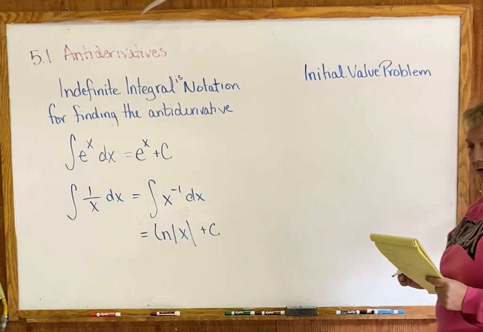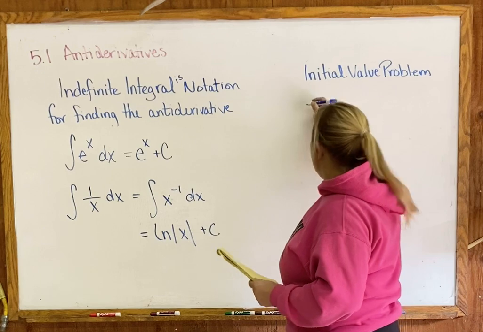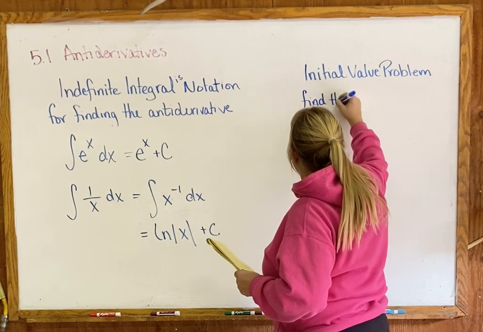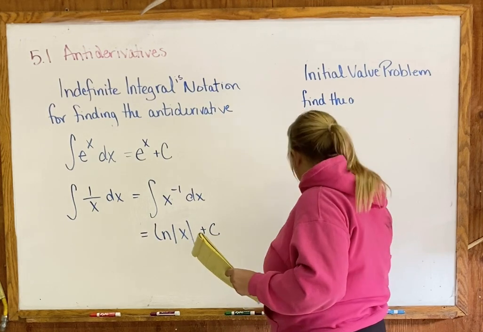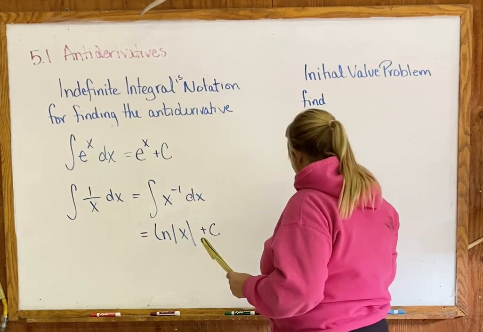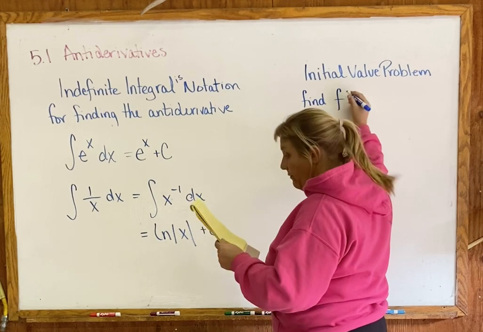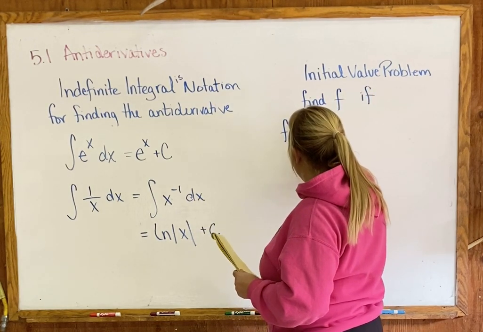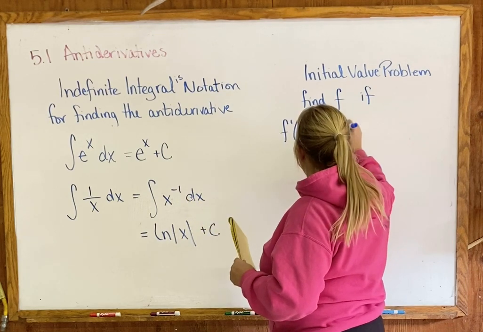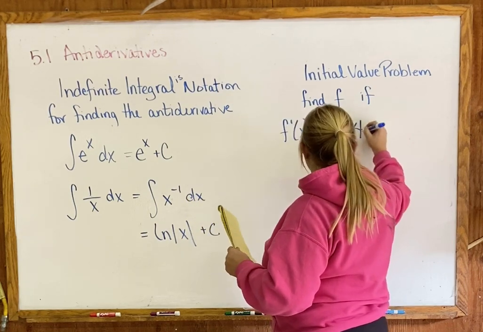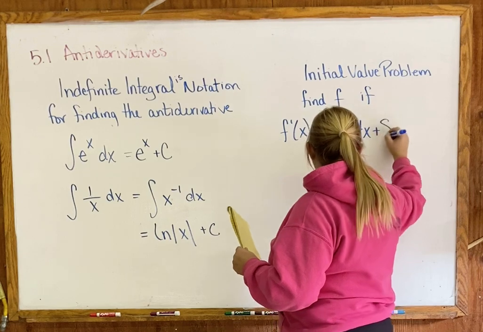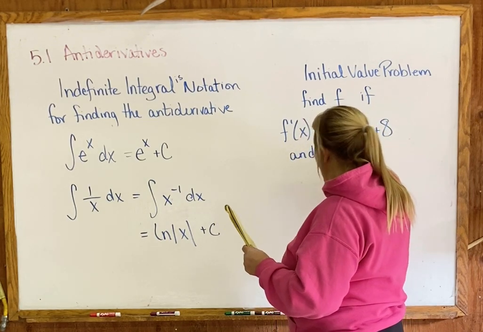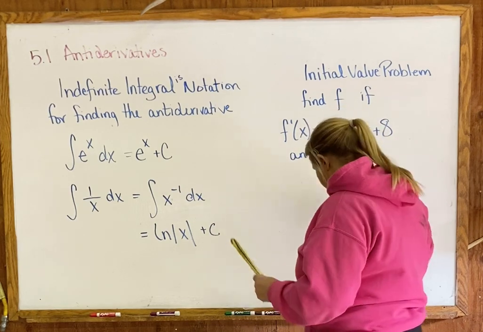Initial value problem. So this says, find the antiderivative. Actually, let me write this a little bit different. Find f if f prime of x equals 3x squared minus 4x plus 8 and f of 1 equals 9.